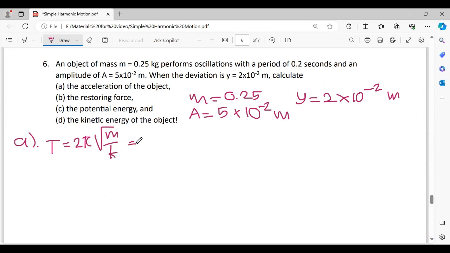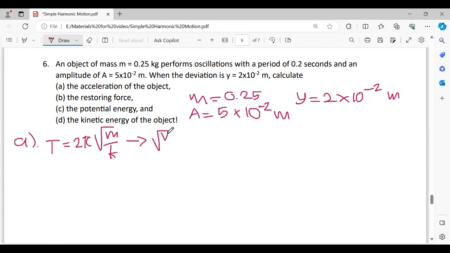I'm going to find k, so I have to make k the subject.